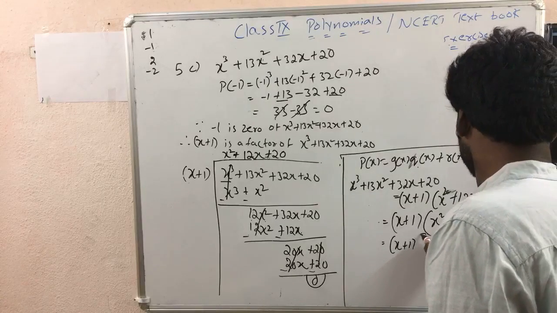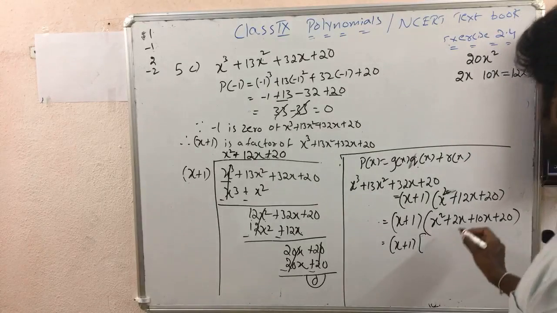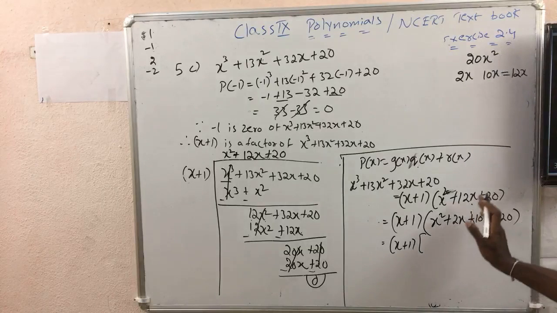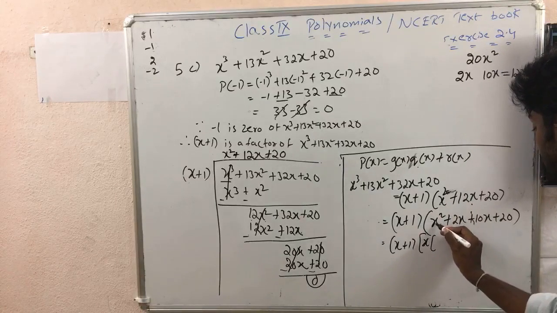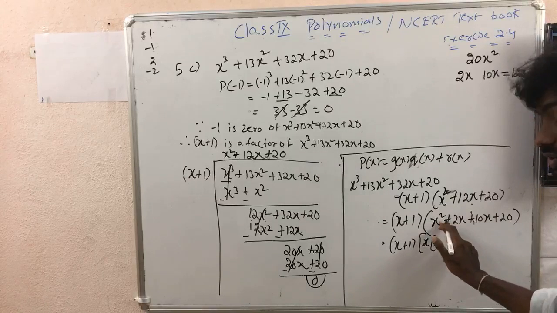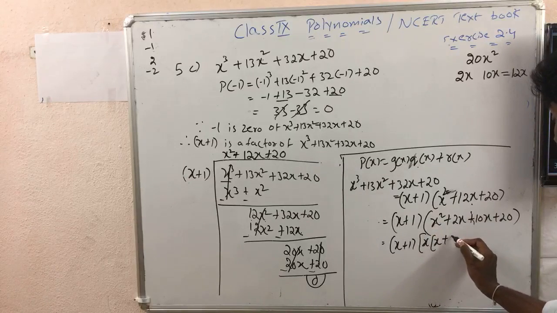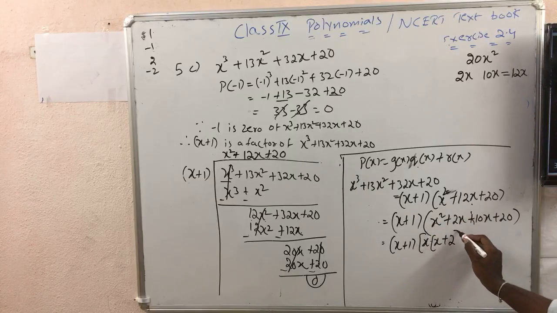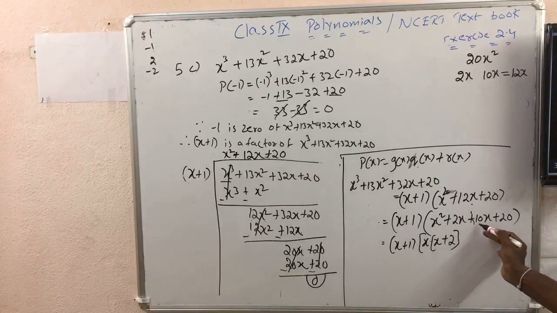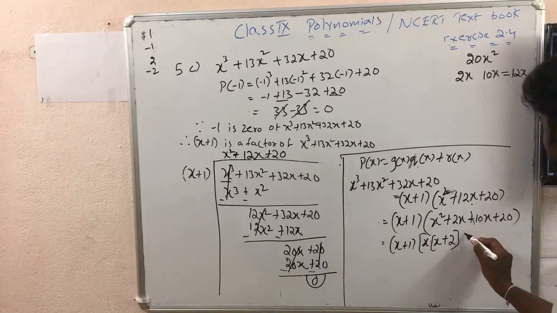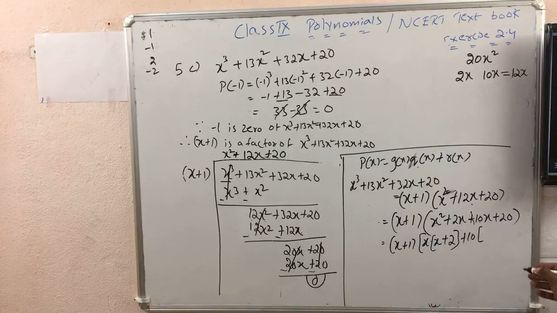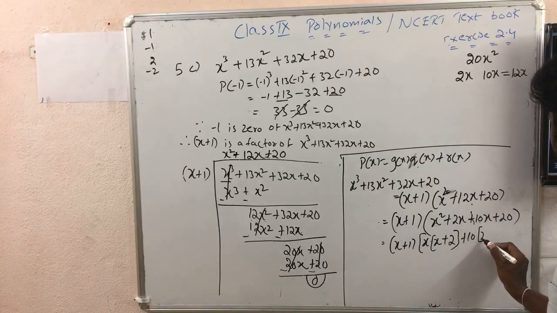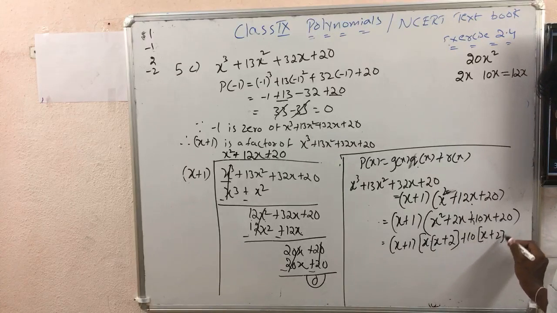Now we will get x plus 1 into, in the first two terms, x is common. If I take x common, x is left here because x into x gives x square, plus 2 is left here because x into 2 gives 2x. And again in these two terms 10 is the common factor, so plus 10 into, you are left with x plus 2.